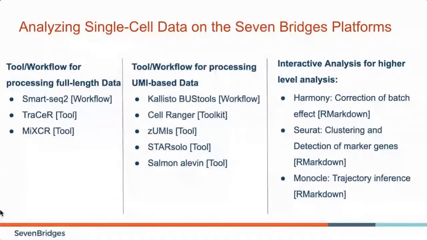We have 3 separate analyses created as R Markdown notebooks, which can be used to perform correction of batch effect using the Harmony R package, clustering and detection of marker genes based on the Seurat package, and trajectory inference based on Monocle. All of these notebooks use the results that are produced with tools and workflows that we already mentioned.